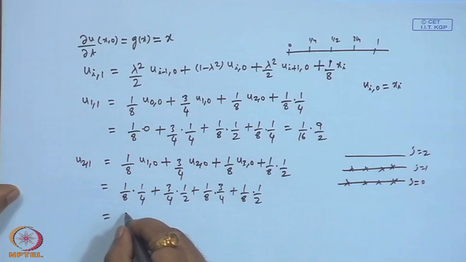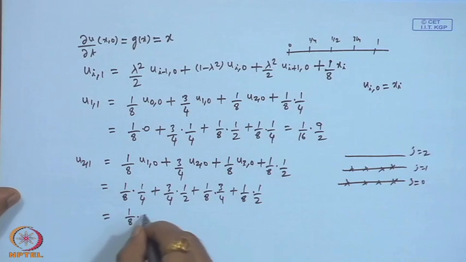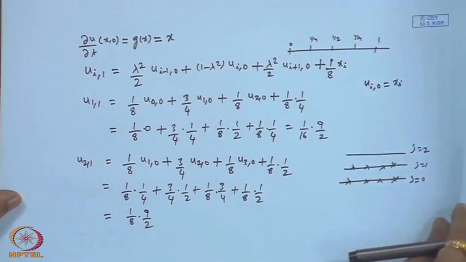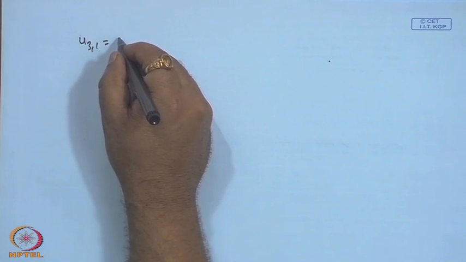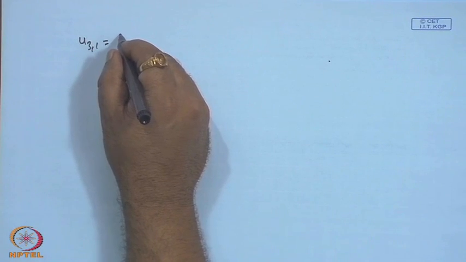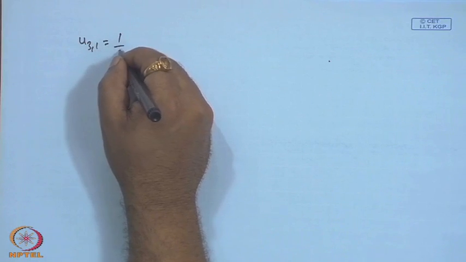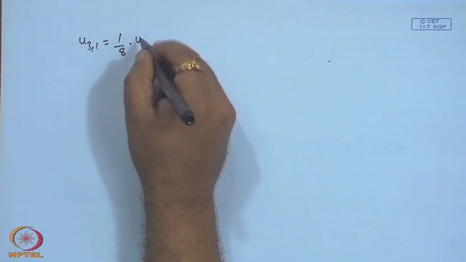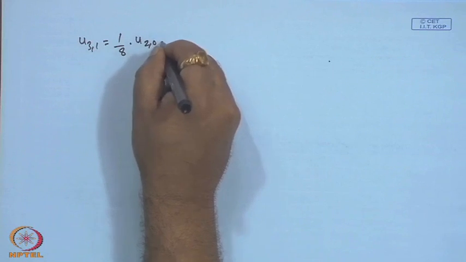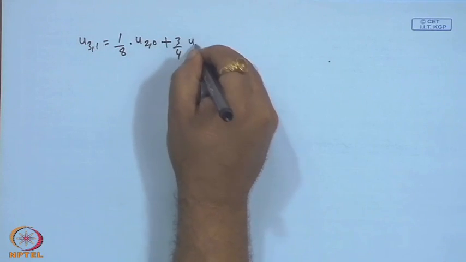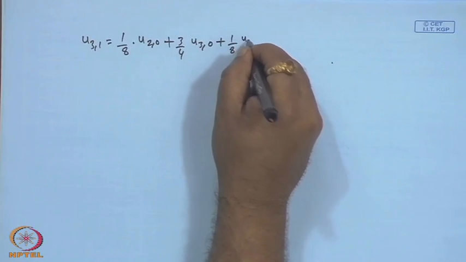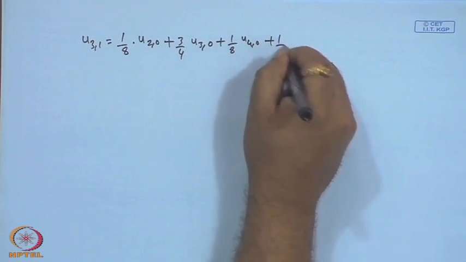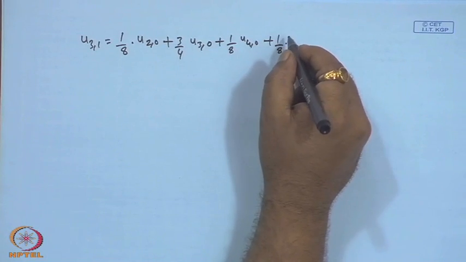So, this is obtained. Okay. Then similarly, we obtain u 31, we obtain 1/8 u 20, u 30, u 40, x 3.